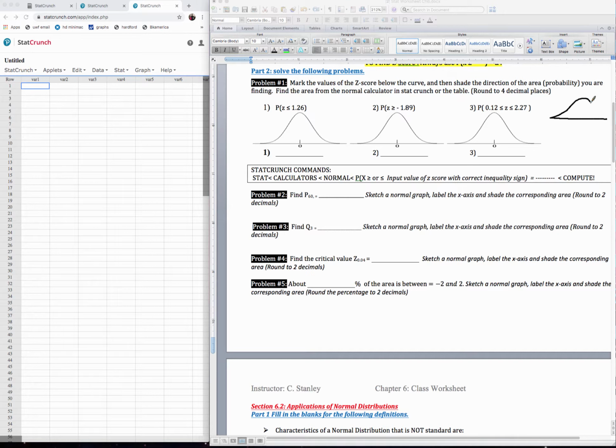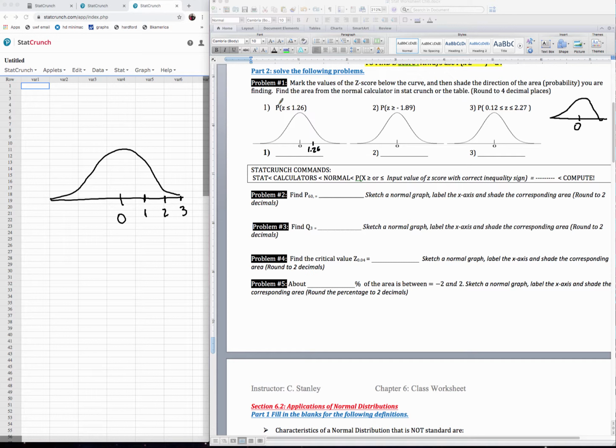Let me show you where 1's at. If this is 0, 1's always right about here. 2's right about here. And 3's kind of out here. So I'll just leave that up as I go. When I pick 1.26, I'm landing somewhere over here.